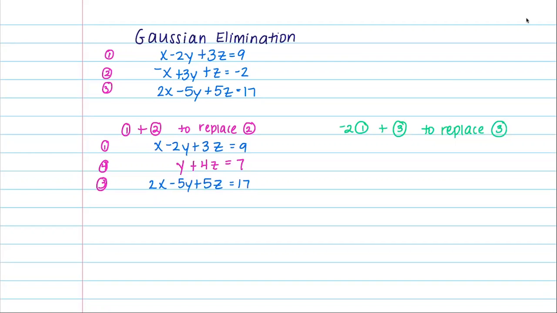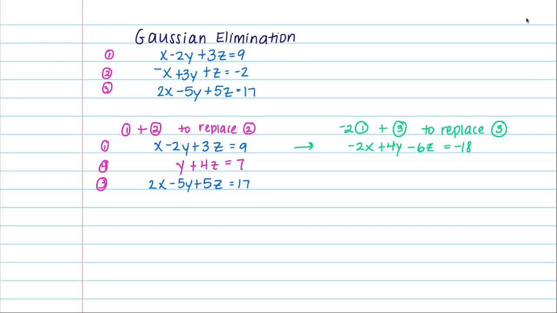So if we look at what that's going to look like, I'm going to multiply this by -2, so I get -2x plus 4y minus 6z equals -18.